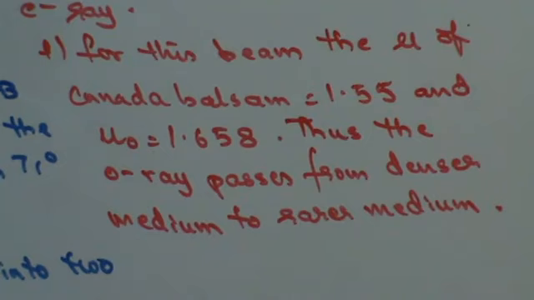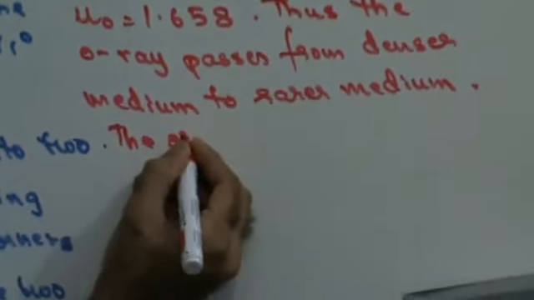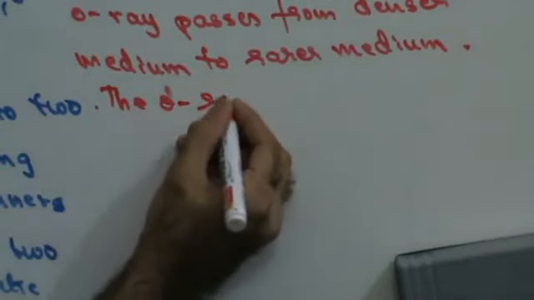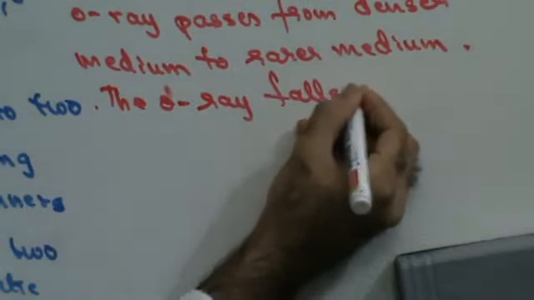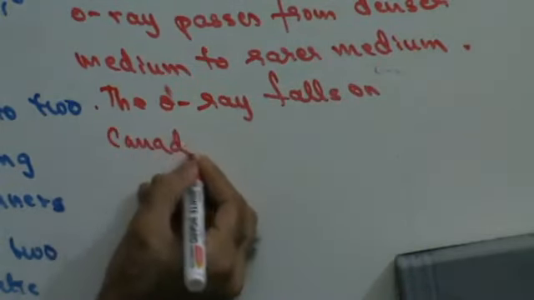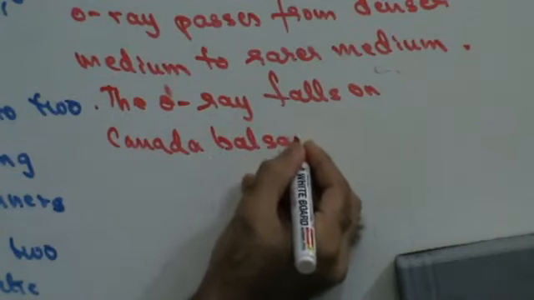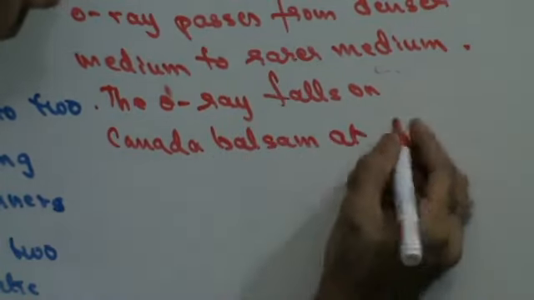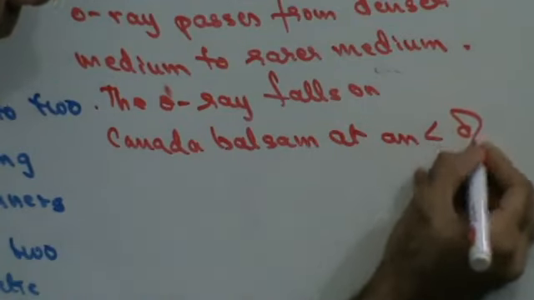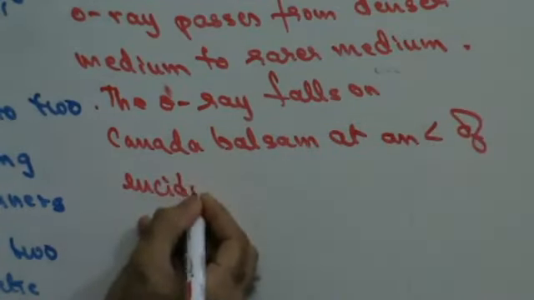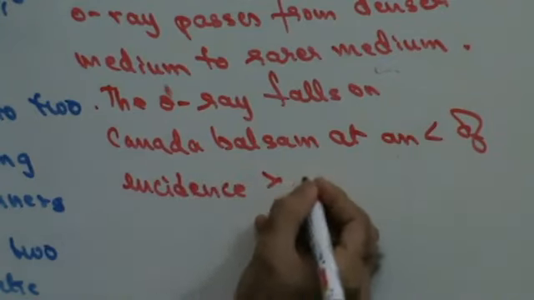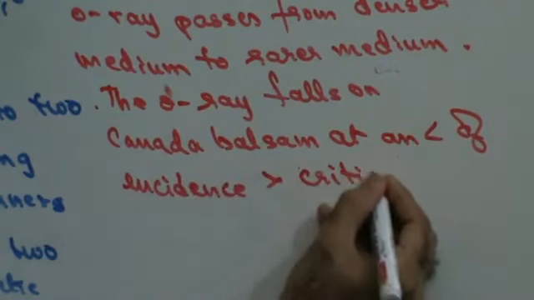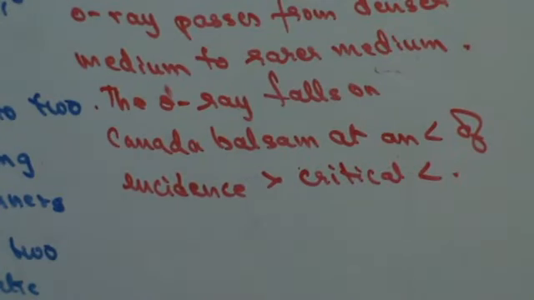Now, the ordinary ray falls on the Canada balsam at an angle of incidence greater than the critical angle, right? How do I find this out?